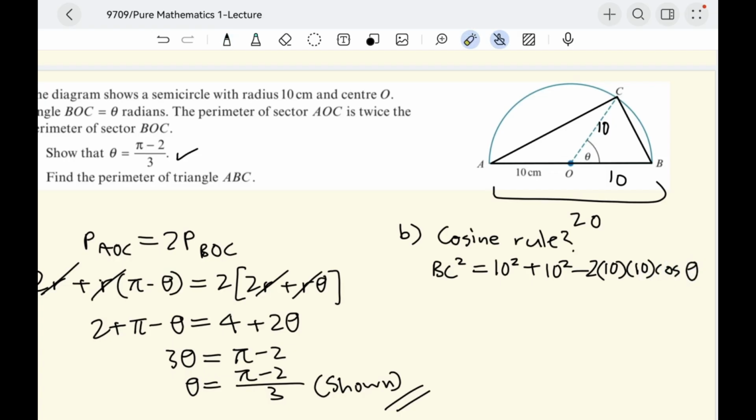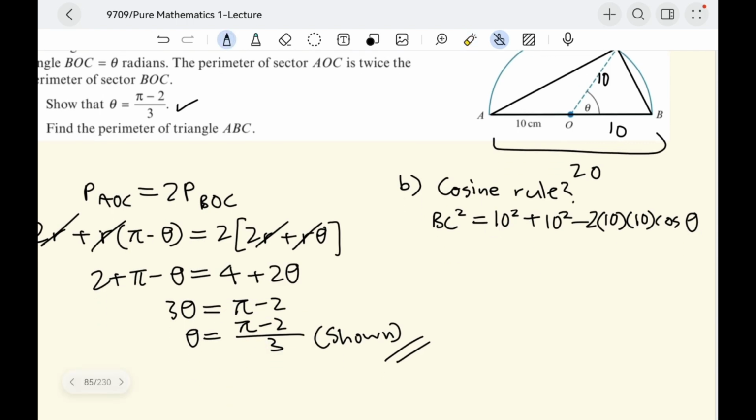So use the result from A, as you know theta is pi minus 2 over 3.